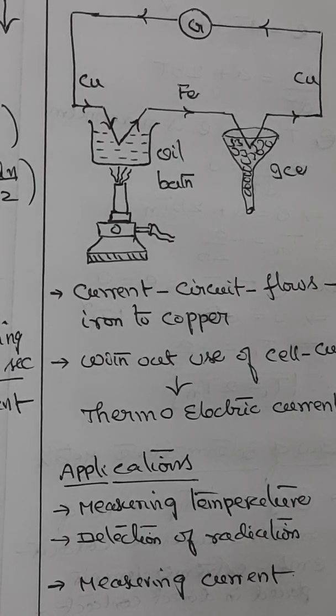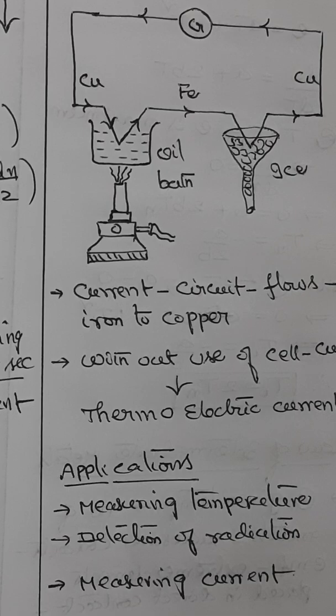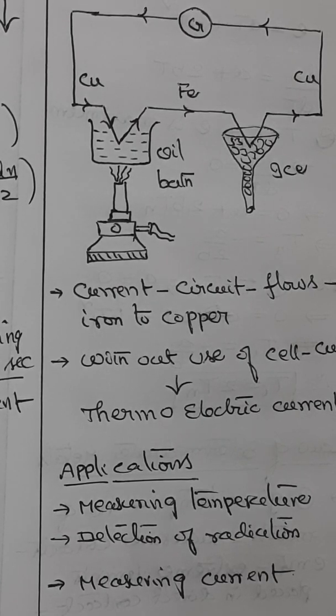Now the hot junction is placed in the bath of unknown temperature to be measured and the EMF developed in the thermocouple is measured. With the help of the calibration graph, the corresponding temperature difference for this EMF is noted, and by adding the temperature of the cold junction, the unknown temperature can be calculated.